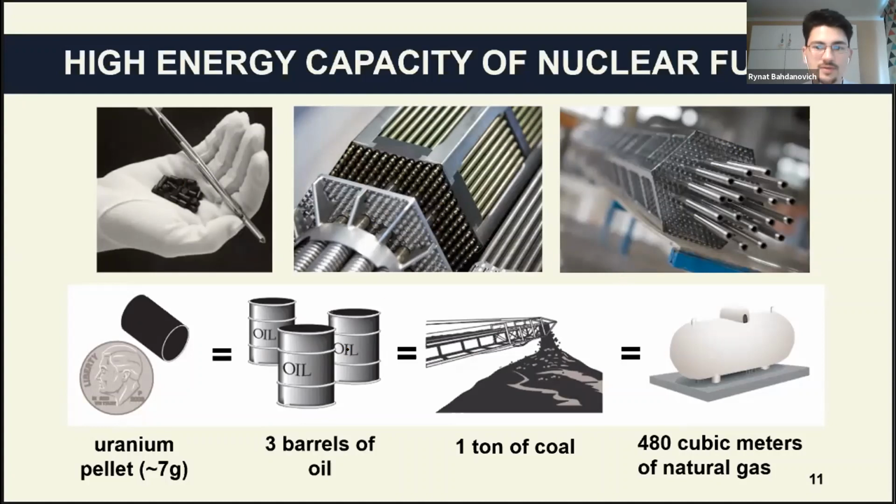The energy produced after use of one fuel pellet of this size is approximately equivalent to that produced by burning 3 barrels, around 500 liters of oil, 1 ton of coal, or 480 cubic meters of natural gas.